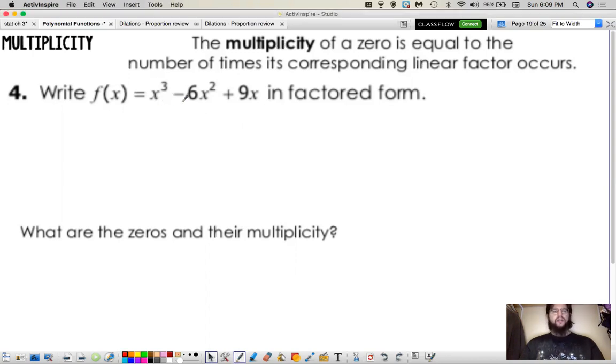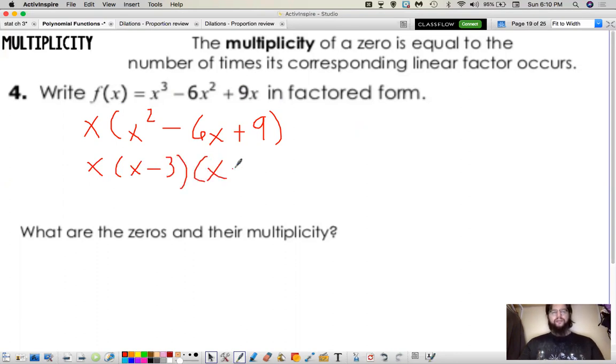So here, if we write this in factored form, you could graph it and find your zeros. That's fine. I'm just going to factor it because, well, I see a GCF of x. And I see that that's left me with x squared minus 6x plus 9, which I know factors as x minus 3 times x minus 3.